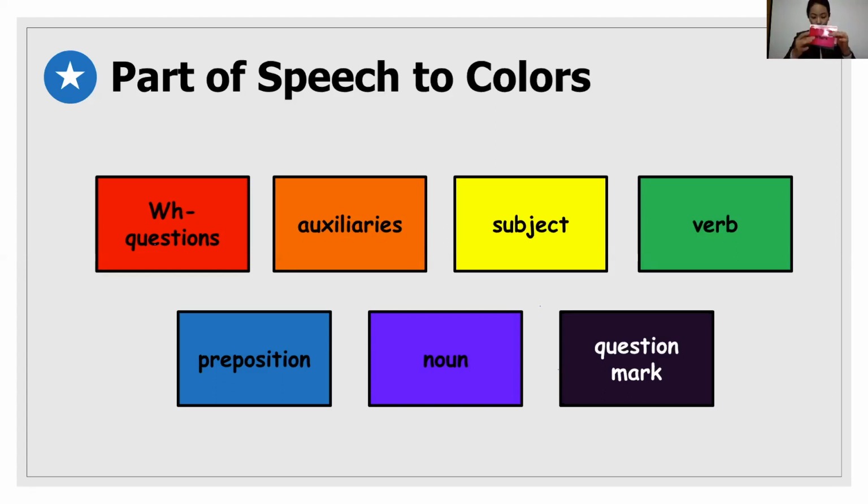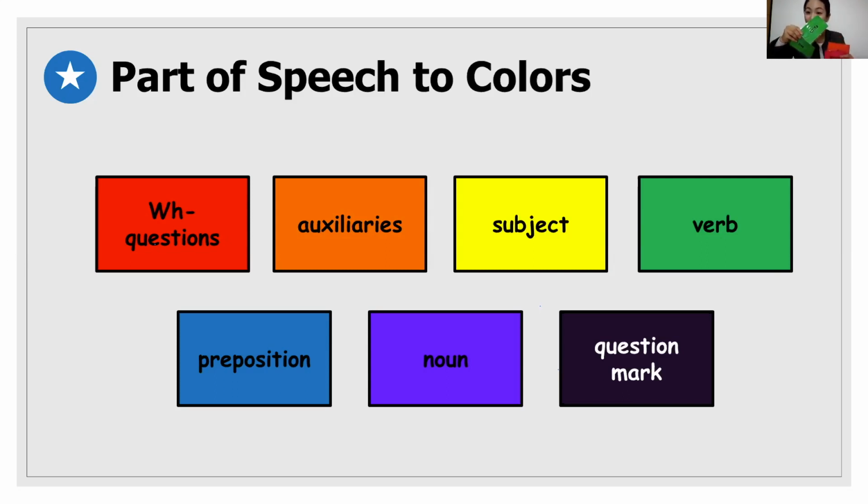Where, do. What's the next color? Orange. Next, yellow. Yes, you and he. I have do you or do he, like this. So where do you, where do you.